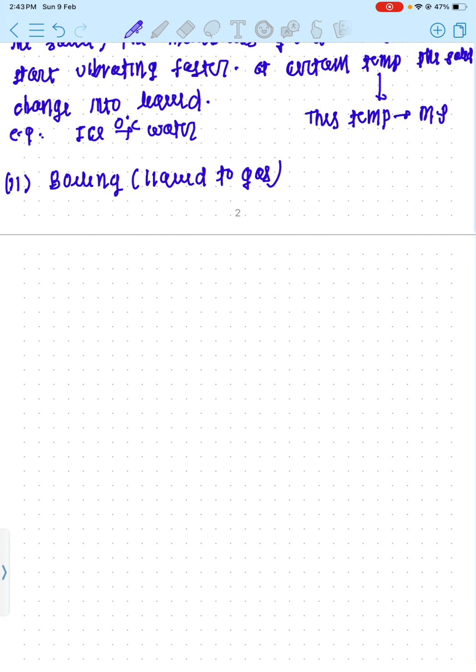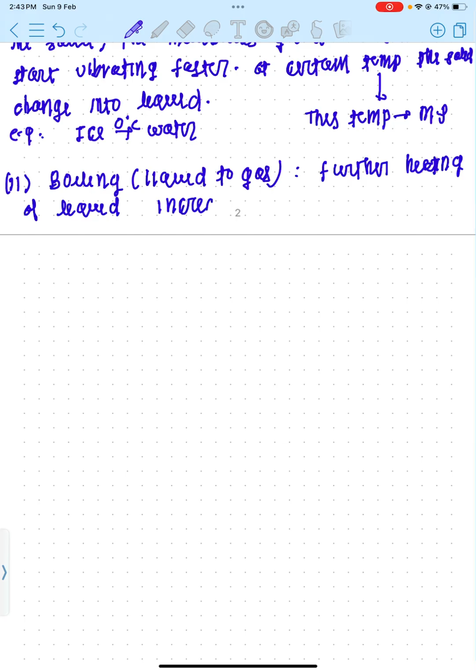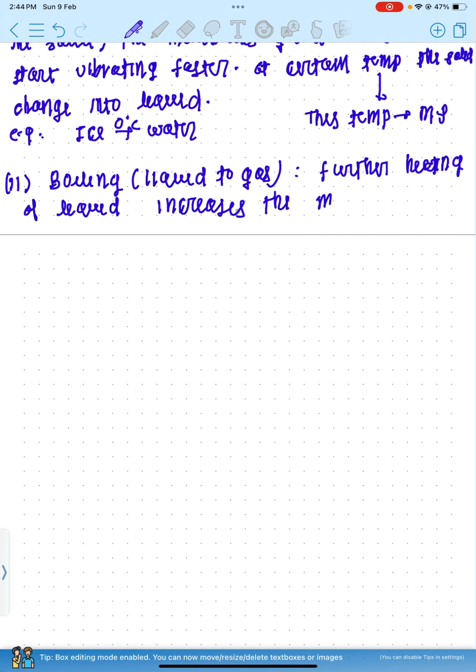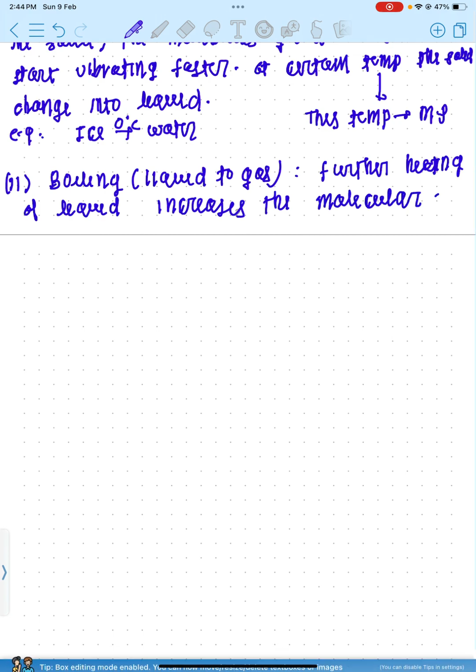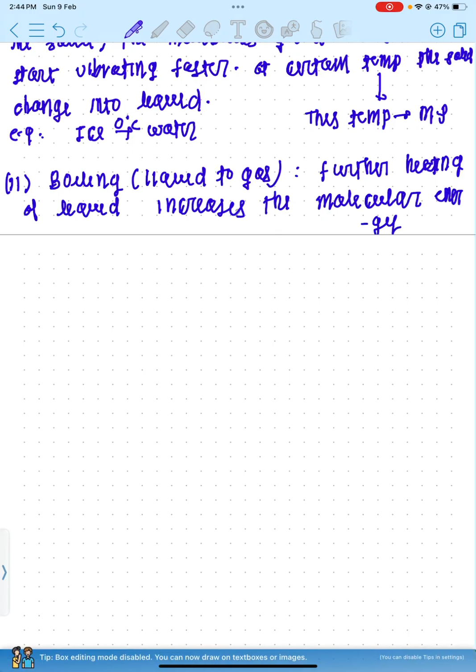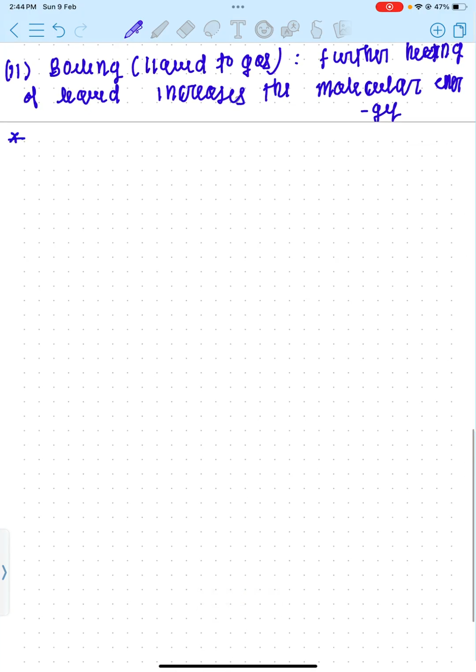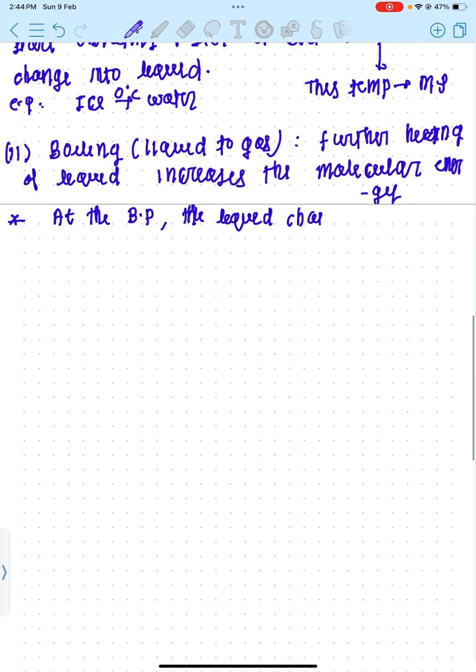Okay, so we can write that heating of the liquid increases the molecular energy, and at the boiling point, the liquid changes into vapor.